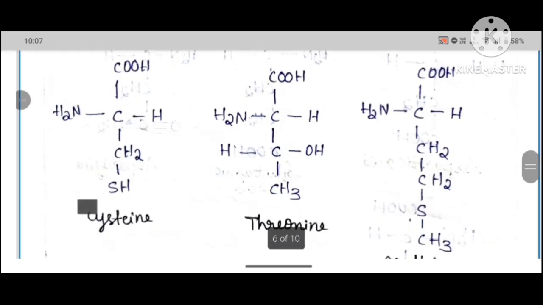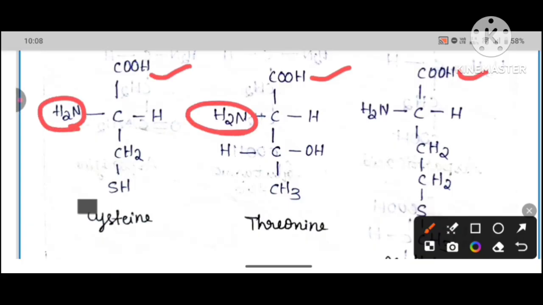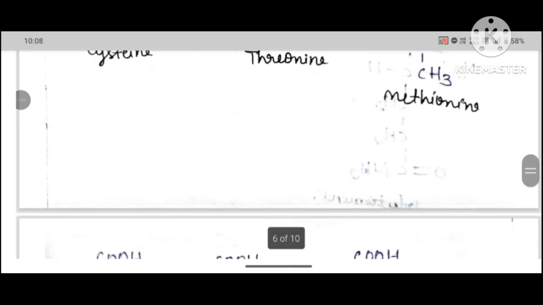So you can observe the other structures as well. These amino acids do consist of a single carboxylic group and a single amino group: cysteine, threonine, and methionine.